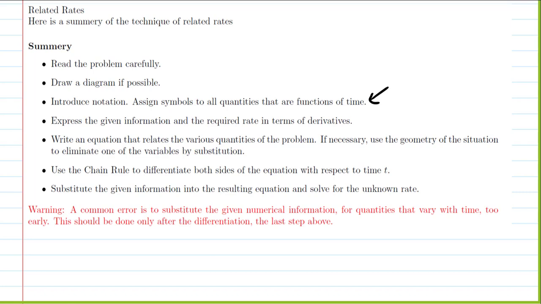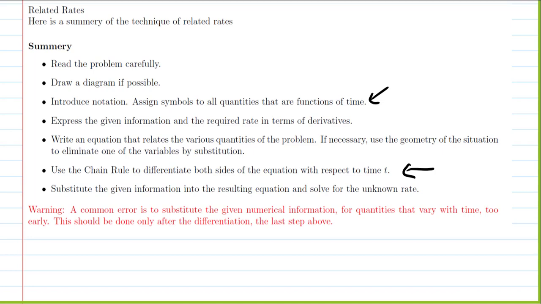So this next part that says warning, when we first start out, it's really easy to fall into this trap. A common error is to substitute in the given numerical quantities for quantities that vary with time too early. If we do that before we take the derivative step, which is right here, the second to last one, if we substitute in constants before we take the derivative, what's the derivative of a constant always? 0.